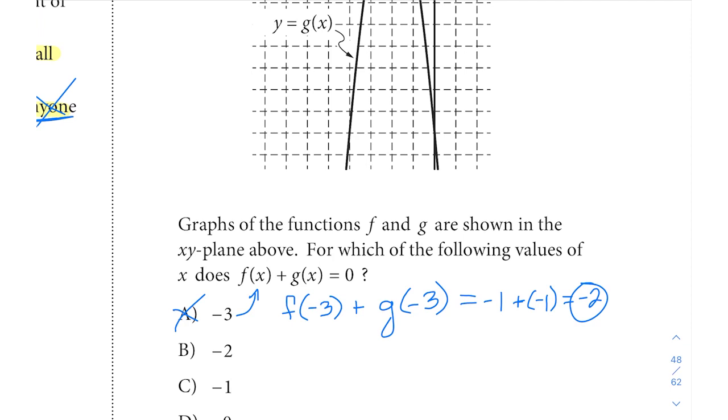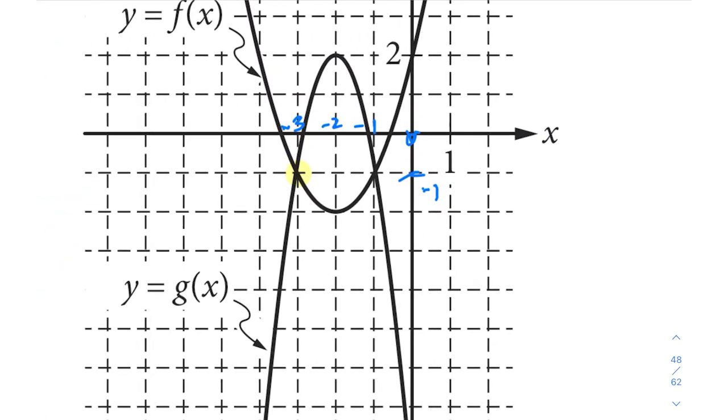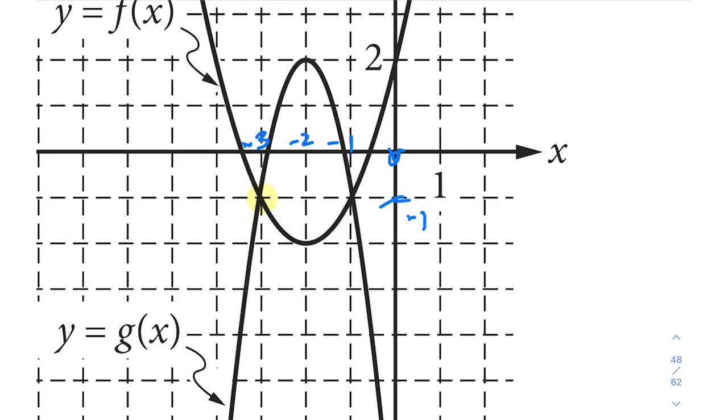Now let's walk through these other answer choices similarly. For -2, we have f of -2 plus g of -2, which means we're going to look on our graph where x is -2, and look at the value of each function. Our f function, the upward-facing parabola, at -2 has a value of -2, because that's the corresponding y value at that point.